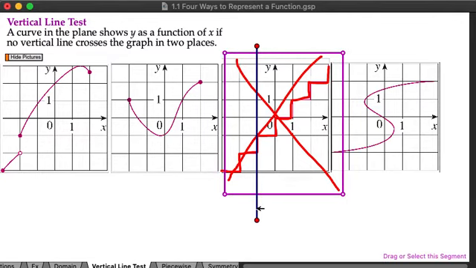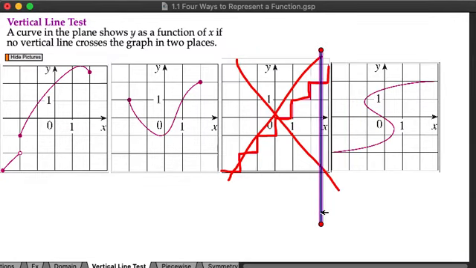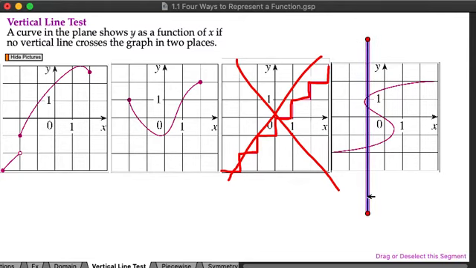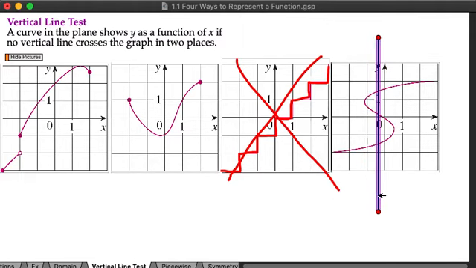All right. And the last graph, can you tell, does this represent y as a function of x? Hopefully you said no. We really only need to find one x value that has more than one y value corresponding to it. And so, for example, you can take x equals -1 again, you can take x equals 0, you could take x equals -0.3.